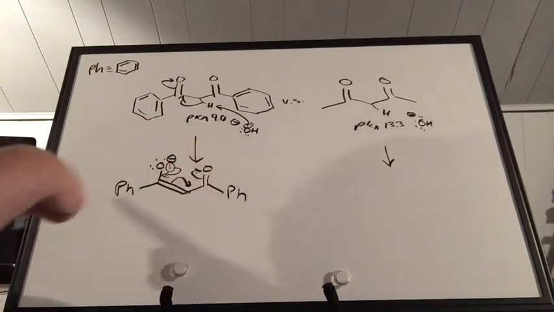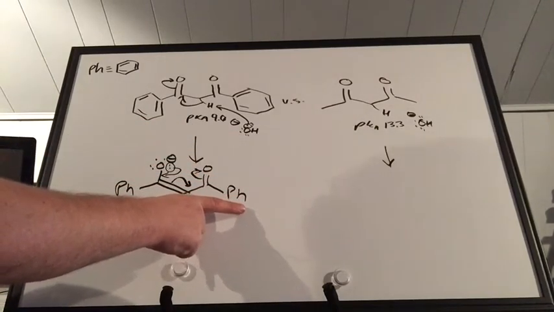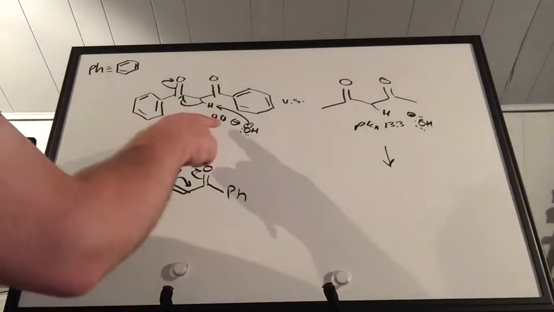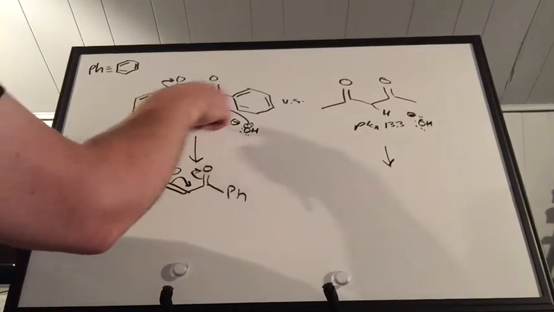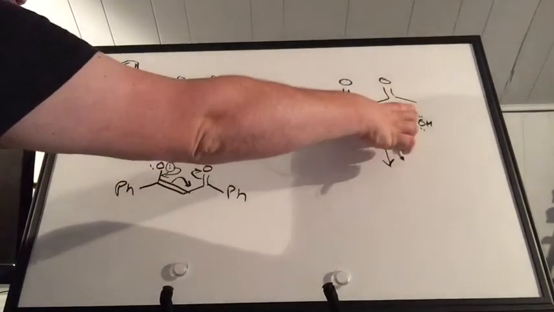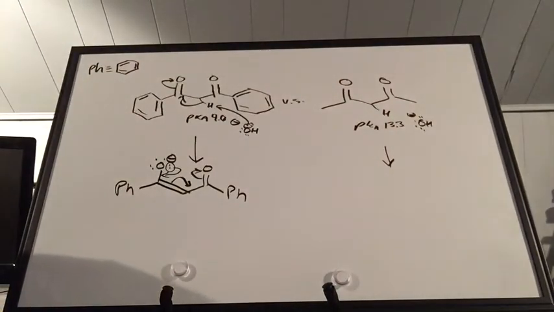So do-si-do back and forth, but you also have these electronegative phenyl groups that are going to be pulling some electron density away too. So that's really what you're going to see in terms of a difference here between a pKa of 9 and a pKa of 13.3. So you have some aliphatic methyl groups on the wing there on both sides.